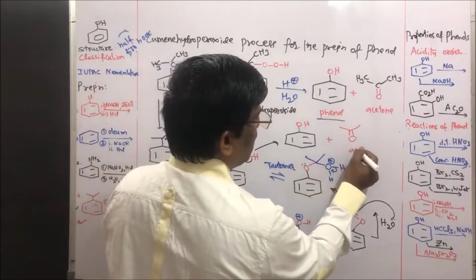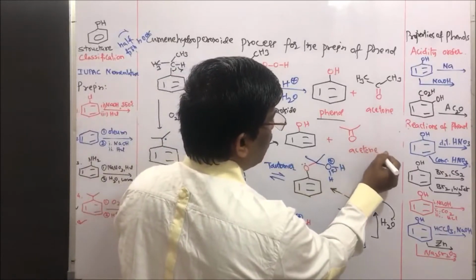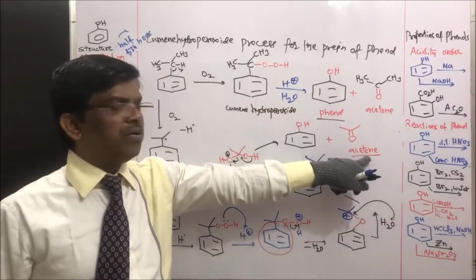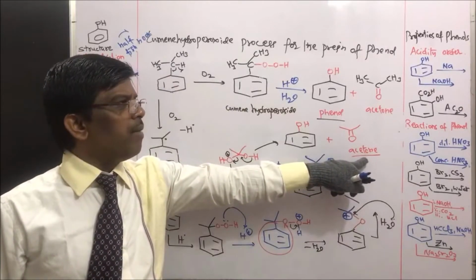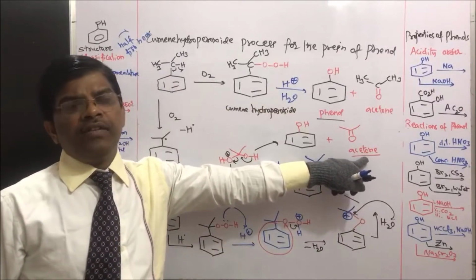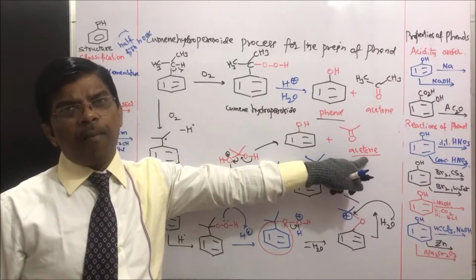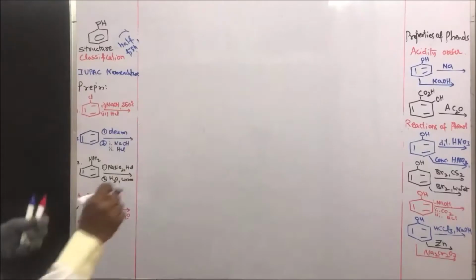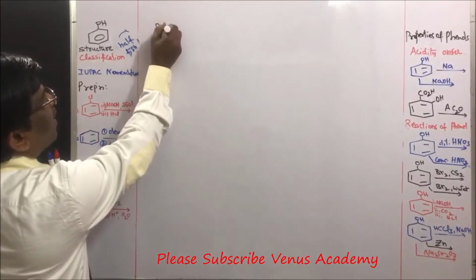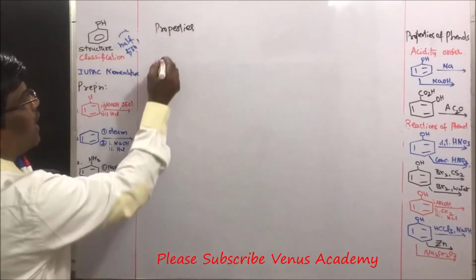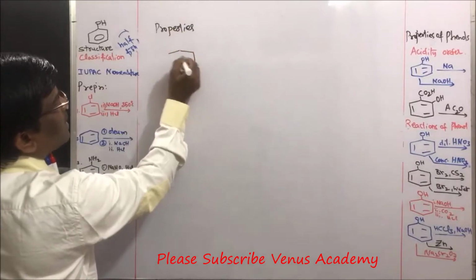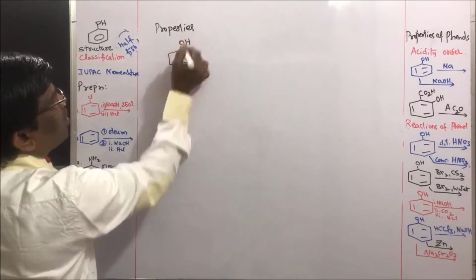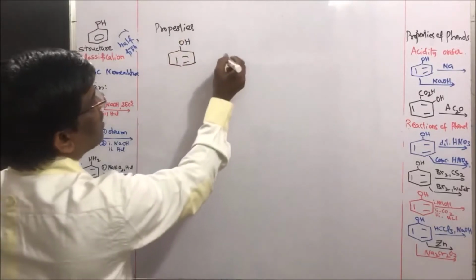Acetone also is a very, very important industrial solvent, commonly used for washings. At the same time, it is a starting material for different types of organic compounds. Students, properties of phenols. The boiling points of phenols increase with an increase in the number of hydroxy groups.